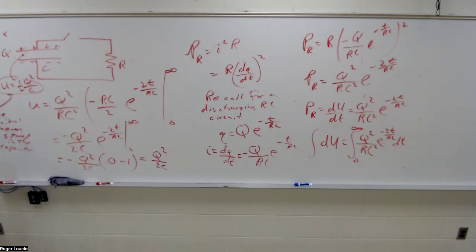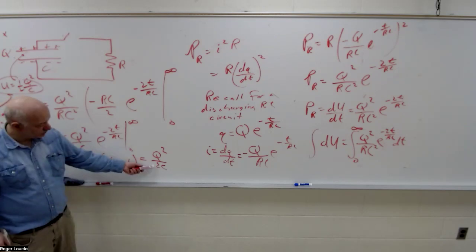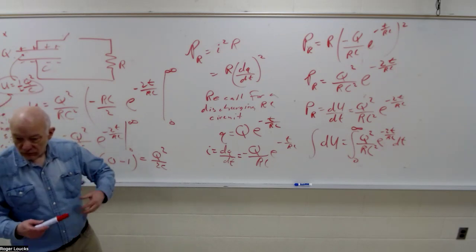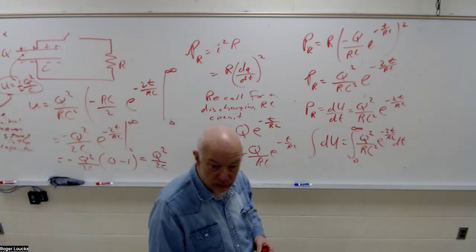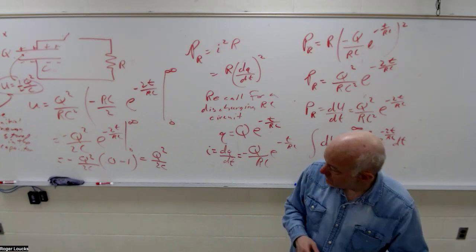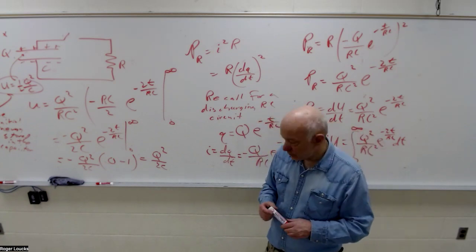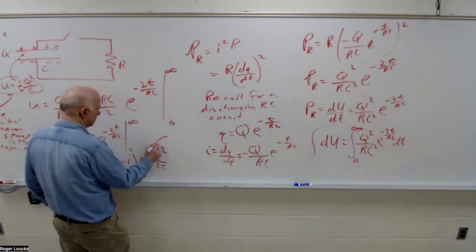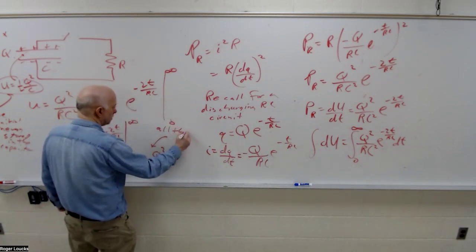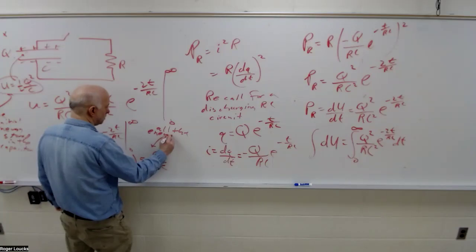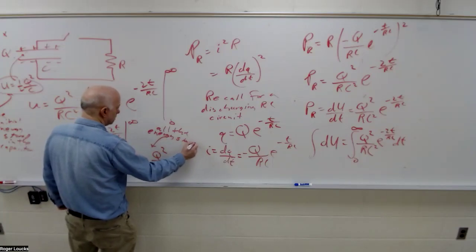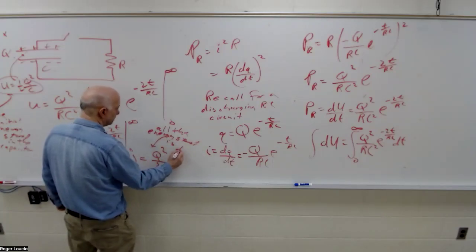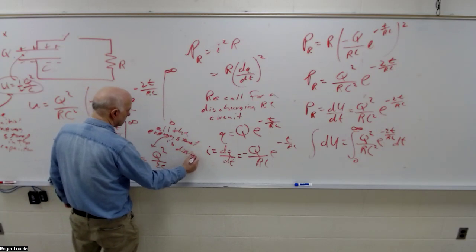Where does the energy go? The energy is all dissipated by the resistor. So it's just nothing but conservation of energy. All the energy stored is dissipated by the resistor.